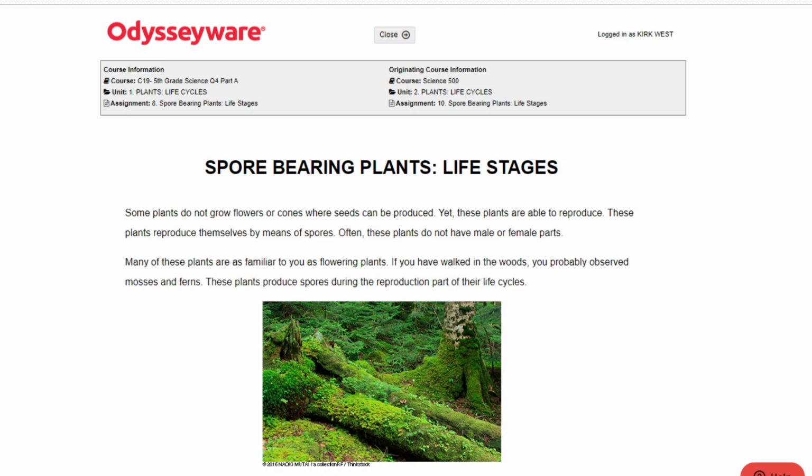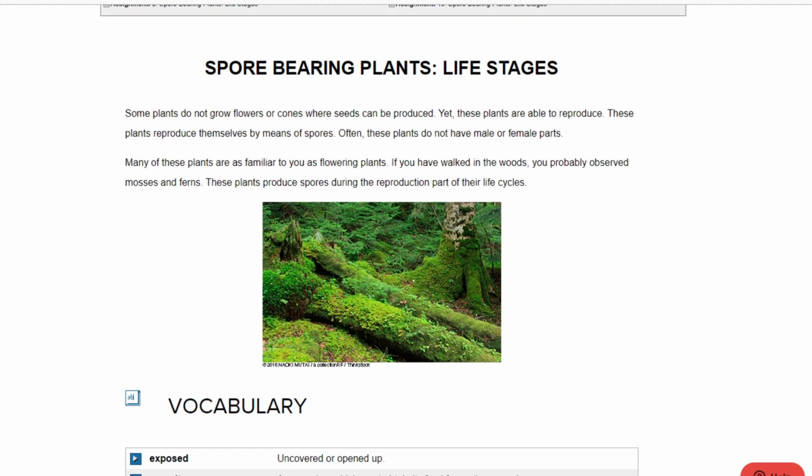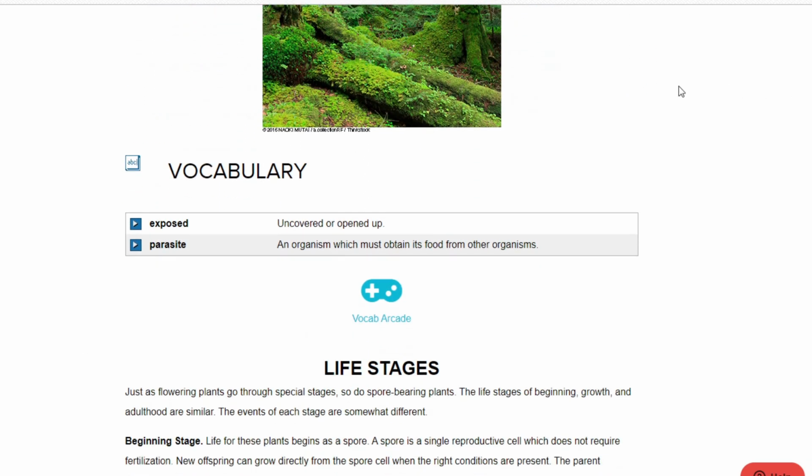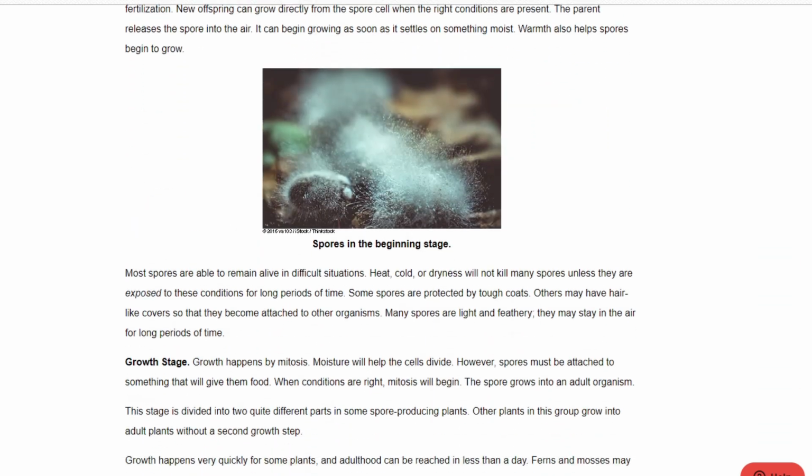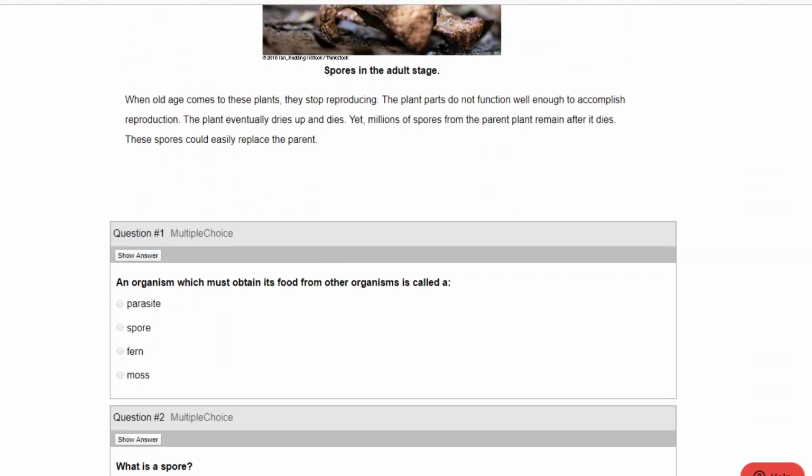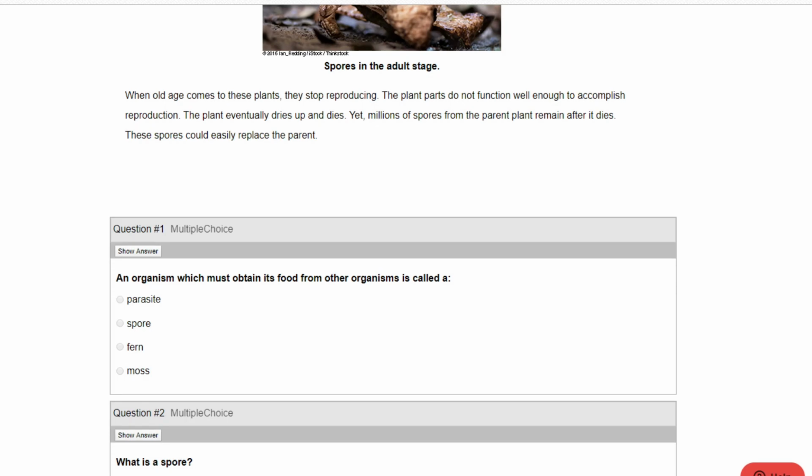First of all, before we even get into the lesson, what I want you to see is, as I scroll through here, there's a key part right here, vocabulary. You will see questions that pop up that use this vocabulary. It is important to know the vocabulary. But as I scroll down, you will see that immediately I go into the questions.